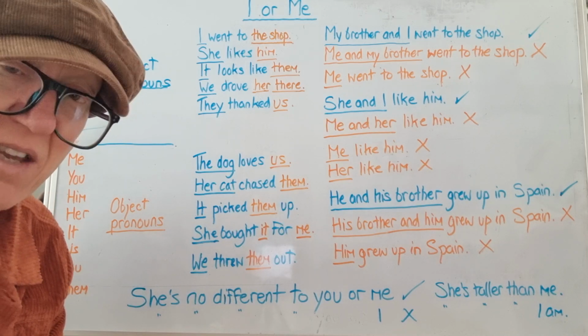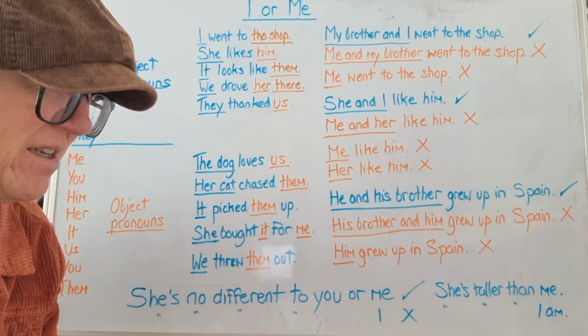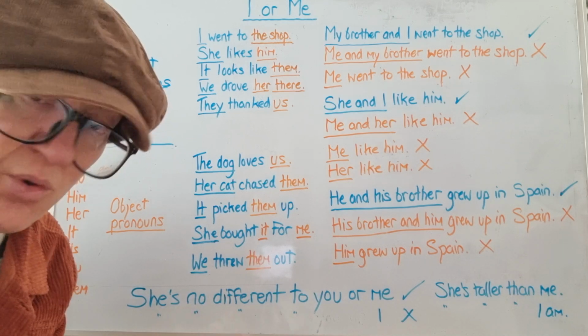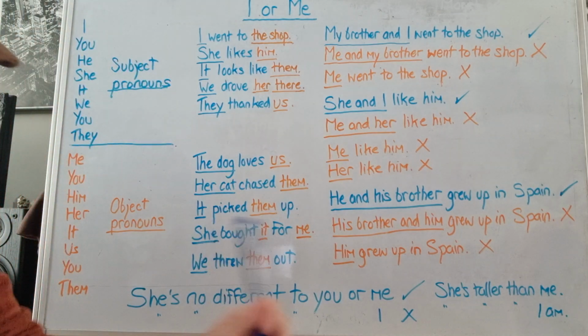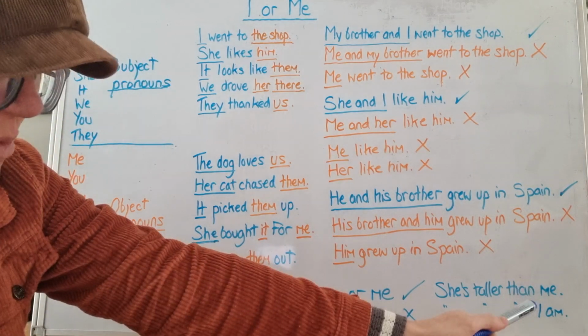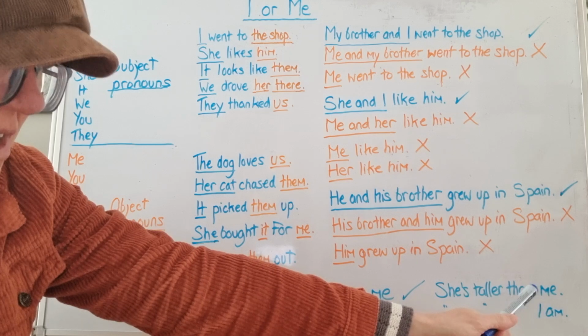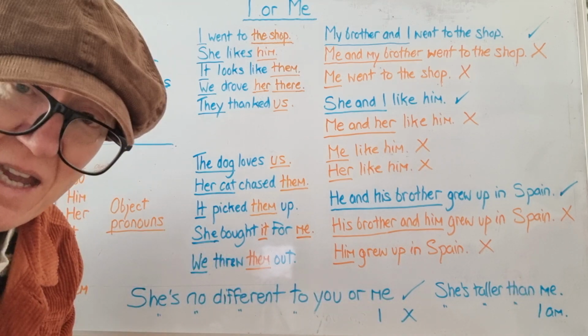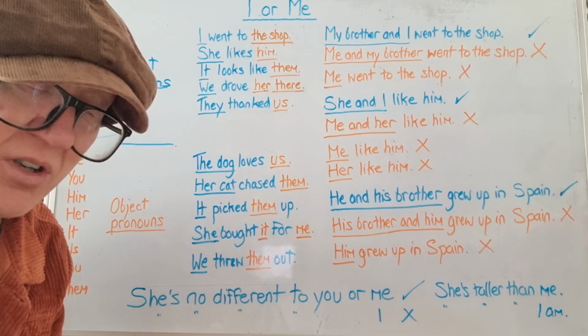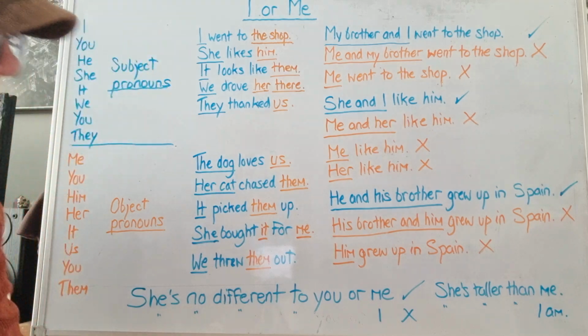She can jump higher than I can. She knows more than I do. She would do more than I would, you know? So, fine. But you can't have it without the auxiliary verb there. If you do, you have to use the object pronoun. She's taller than me, or she's taller than I am. I'm taller than him, I'm taller than he is. Okay? Well, there you go.